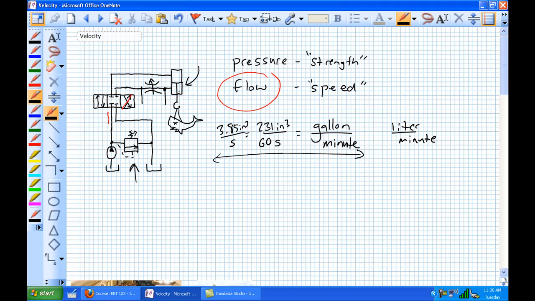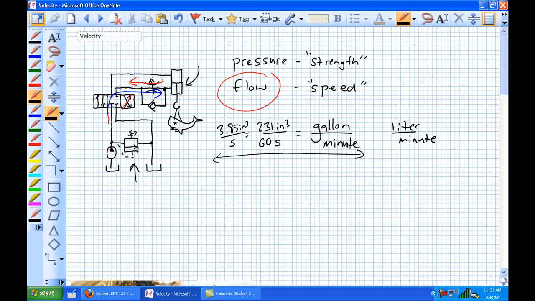So we want to go ahead and figure out a way to make sure we have controlled fluid flow in this direction. But again, we want to lift that whale as fast as we possibly can. So as much flow as our pump can produce, we want it to raise as fast as possible. Okay? So it stands to conjecture that our check valve would be oriented in this manner.